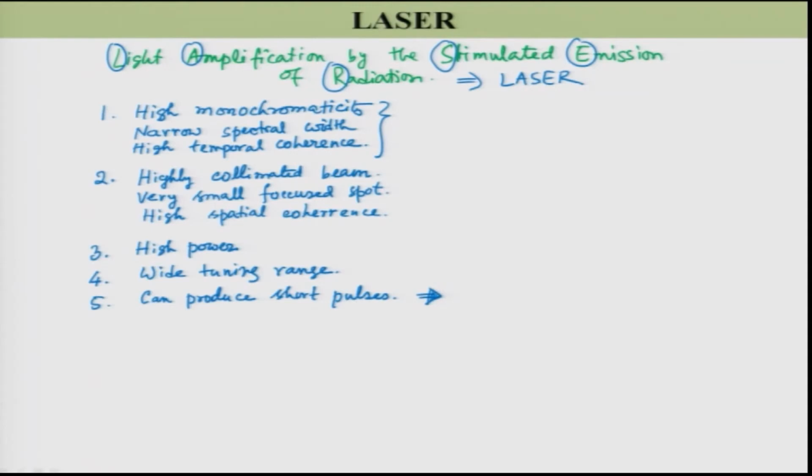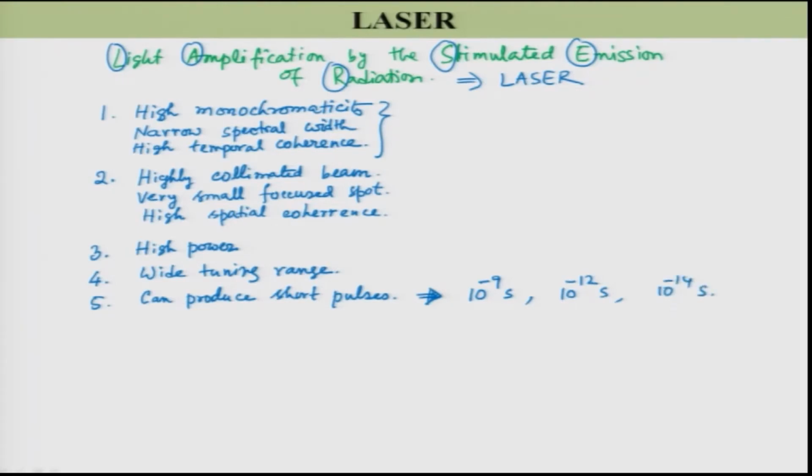So, depending on the laser, we have different types of laser. Obviously you have heard of the ruby laser, and probably the helium neon laser and so on. Depending on the active medium of the laser, it can produce different pulse widths. The pulse width can be 10 to the power minus 9 second for some lasers, 10 to the power minus 12 second for some lasers, and 10 to the power minus 14 second for some lasers, right.